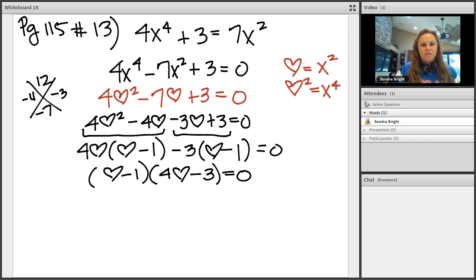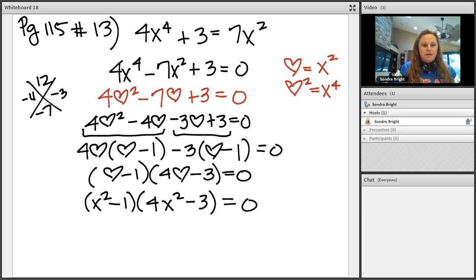All right, now, here's the deal. Right now, go back and do your heart replacement surgery, and replace those hearts with x squareds. x squared minus 1 and 4x squared minus 3.